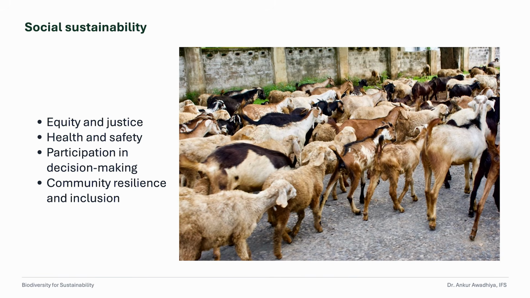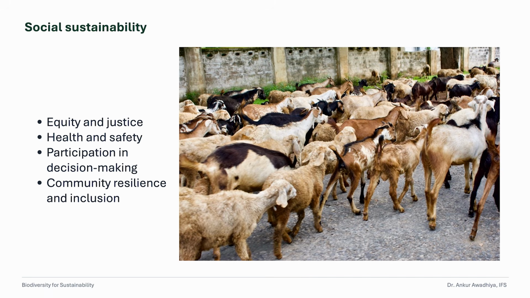Now let us move to the social pillar. Social sustainability includes equity and justice, health and safety, participation in decision making, and community resilience and inclusion.